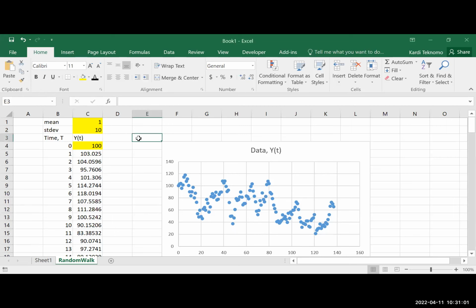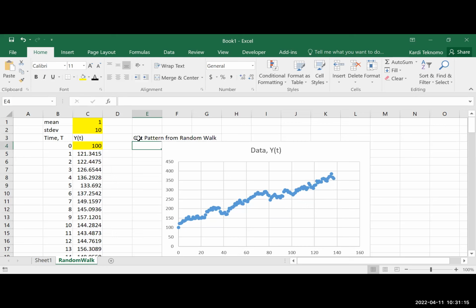Okay. Get pattern from random walk. Okay, so this is the formula of random walk. It is very simple.